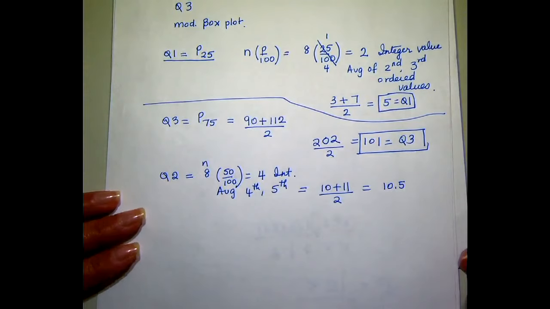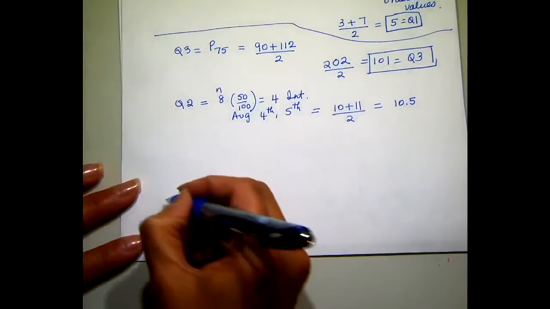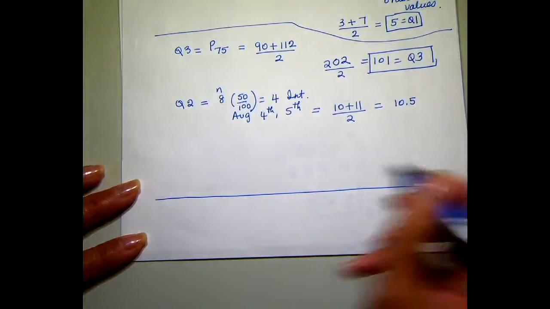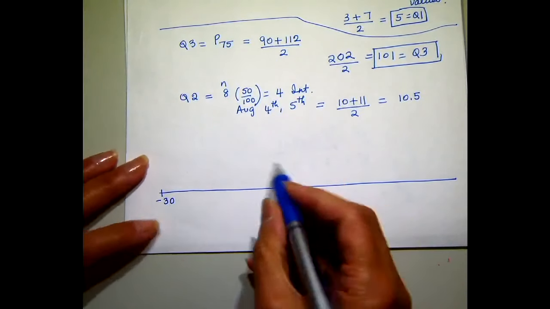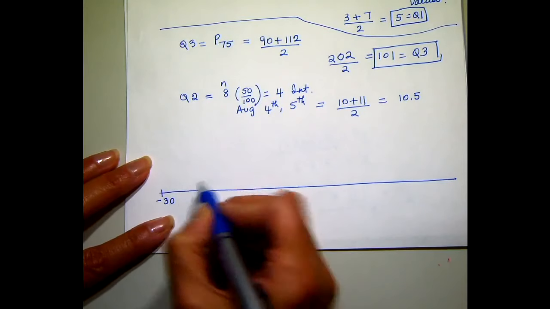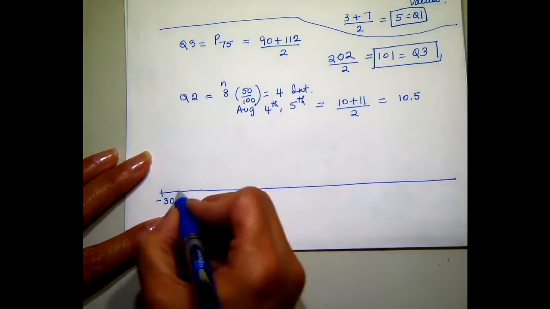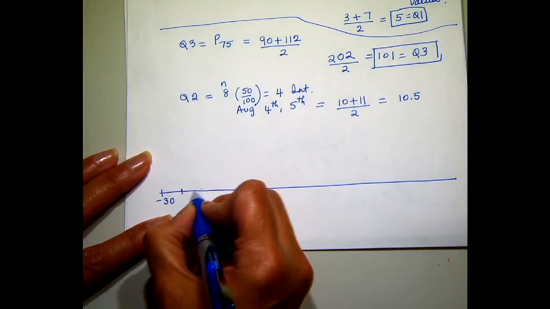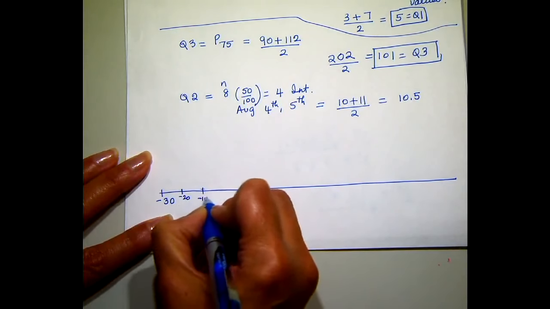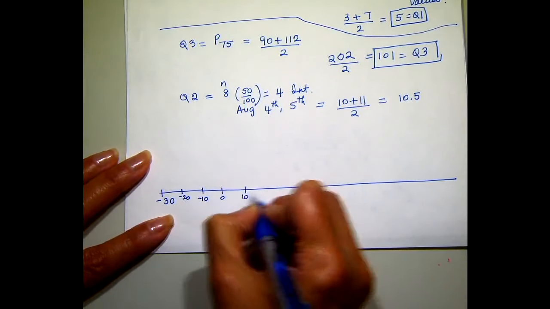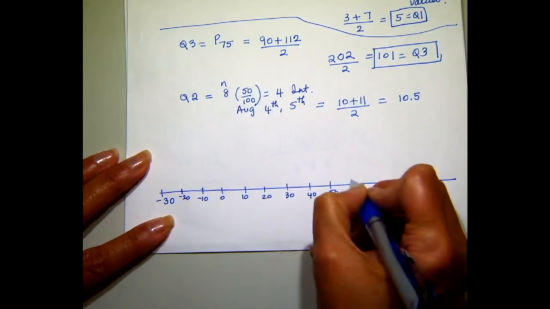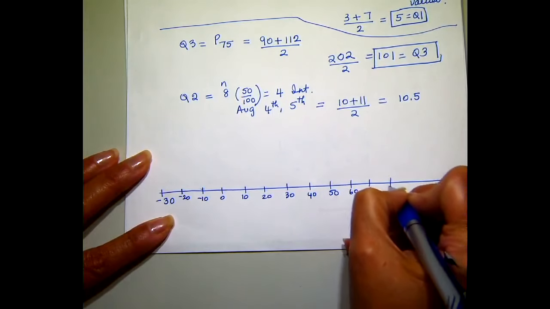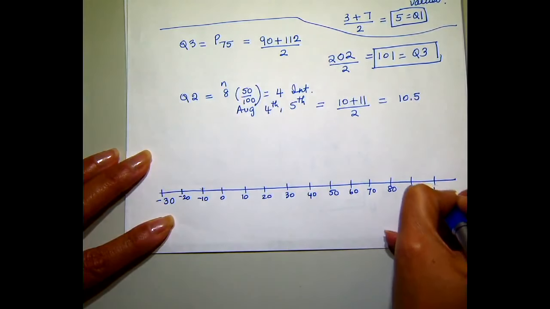So when I draw my modified box plot, this is what it looks like. I start at negative 30, and I end at 100. So negative 30, negative 20, negative 10, 0, 10, 20, 30, 40, 50, 60, 70, 80, 90, 100.